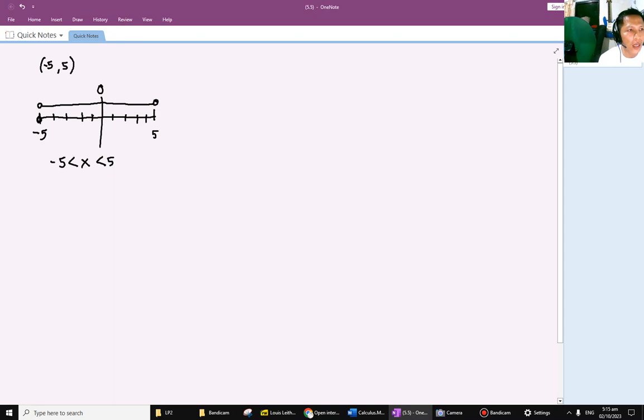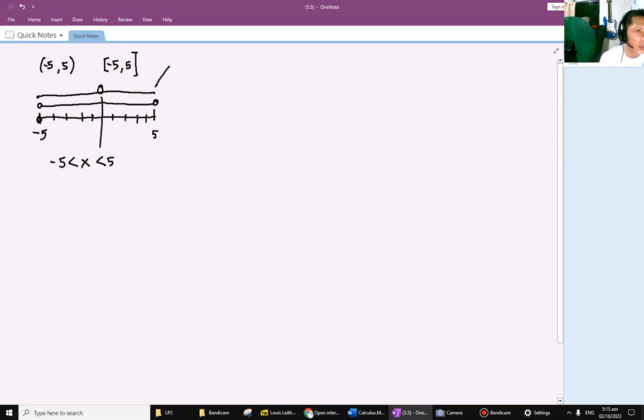In contrast, a closed interval has a notation like this, for example negative 5 to positive 5. It means your range of values is a straight line from negative 5 to positive 5, of course without a hole. Everything is shaded, so it includes 5.